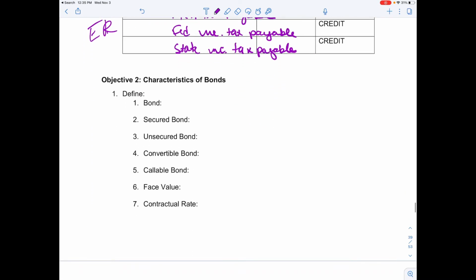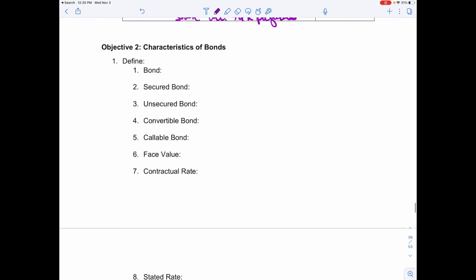And finally, the big part of this chapter is bonds. There's a variety of different bonds that you can buy. So make sure you go through and define what each of these things are as it relates to bonds. A bond is a way for a corporation to raise money without giving up control. We'll talk about stocks in a later chapter, but this is a way that they can raise funds without giving up control.